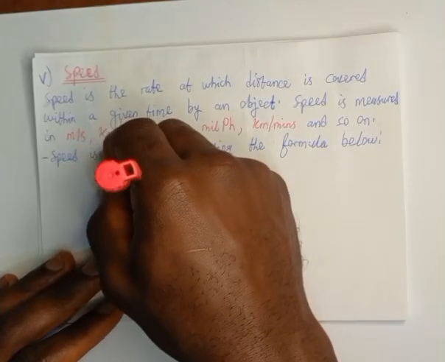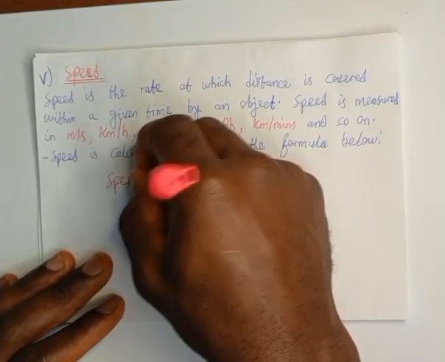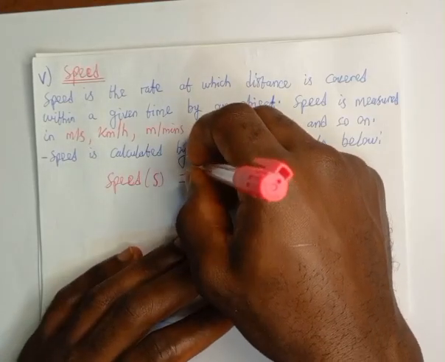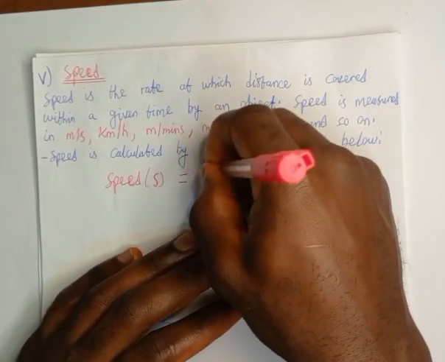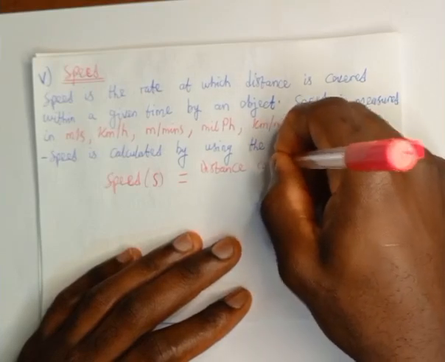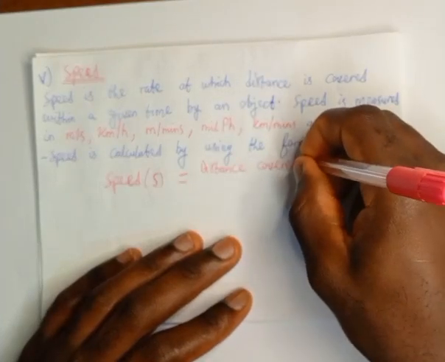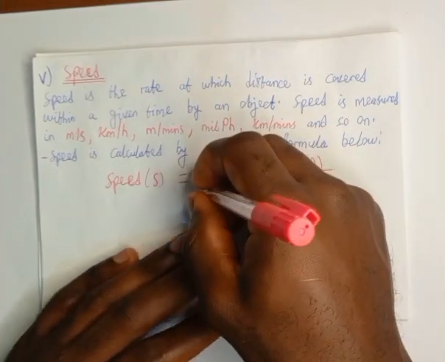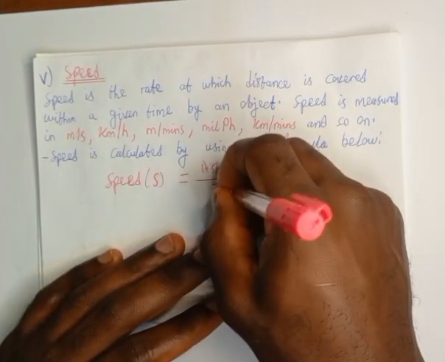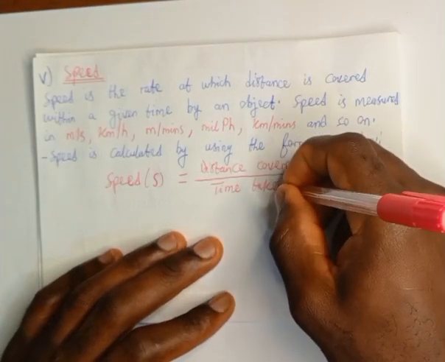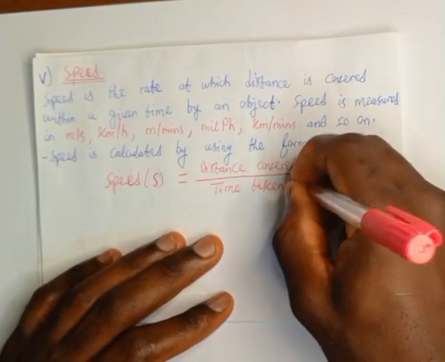Speed, which is abbreviated using the letter S, is calculated by making use of the distance covered, which we abbreviate by making use of the letter D, divided by the time taken to cover that distance.